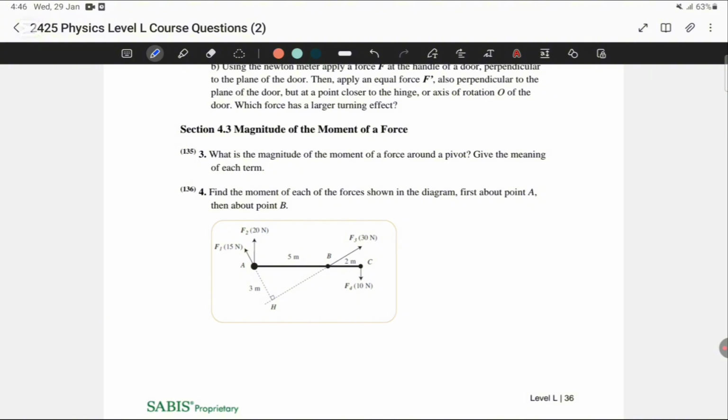The moment of a force is M equals force times perpendicular distance, and a pivot is an axis of rotation.